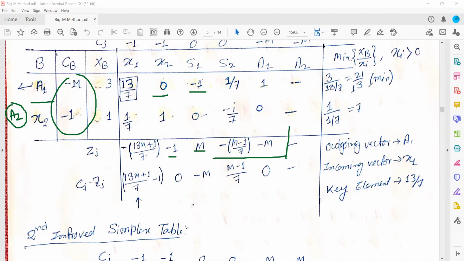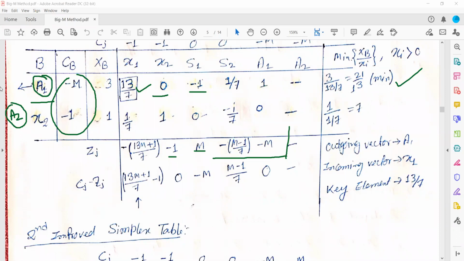Then you find the minimum ratio, once you have identified what the key column is. So I have got this is the minimum ratio. Then where they are intersecting at this point, this is the key element. Corresponding to this row, which vector is there in the basic variable? A1.